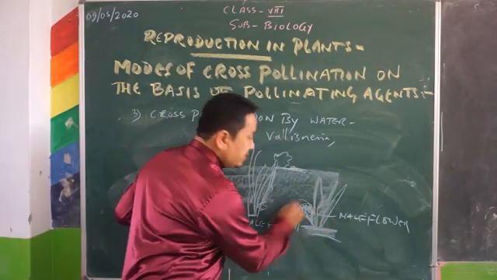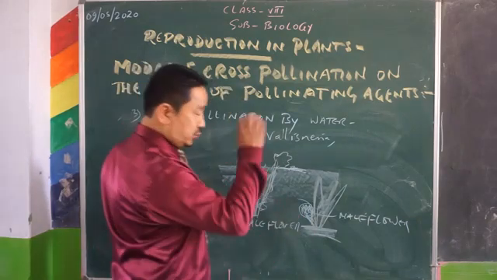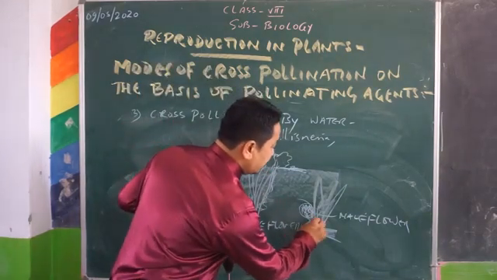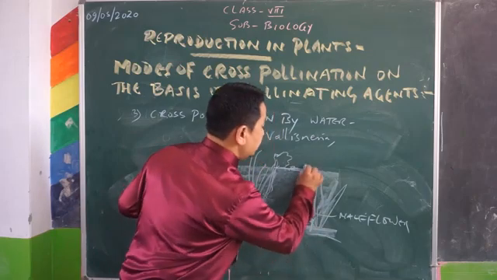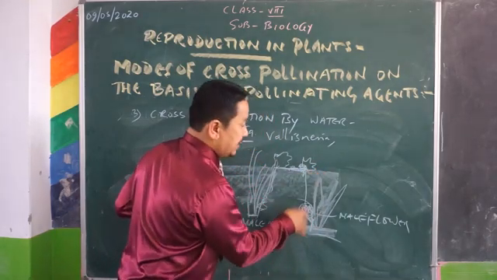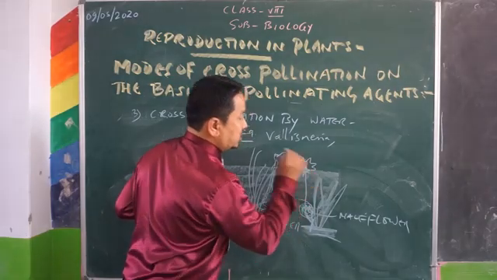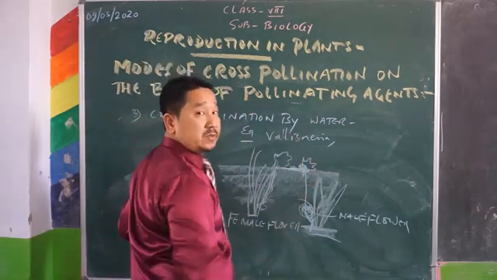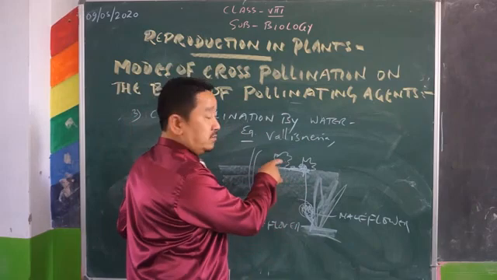When the flower is matured, this flower gets detached from the mother plant and floats on the surface of the water. It just floats on the surface of the water as long as it doesn't meet the female flower.